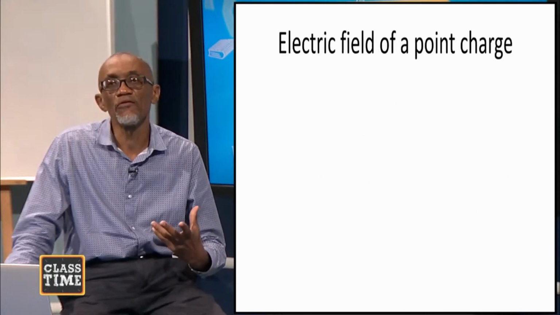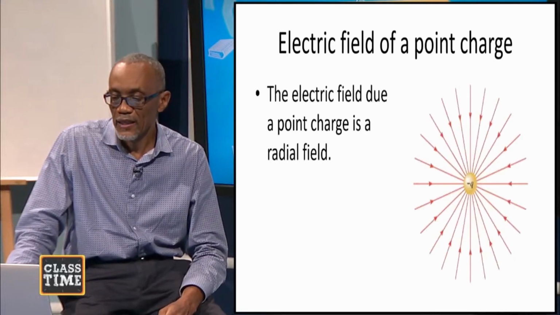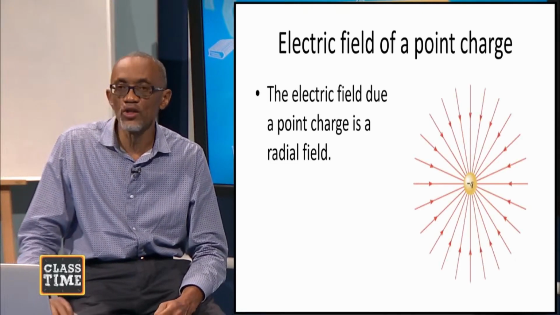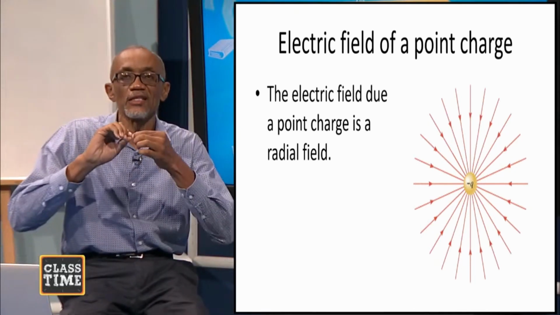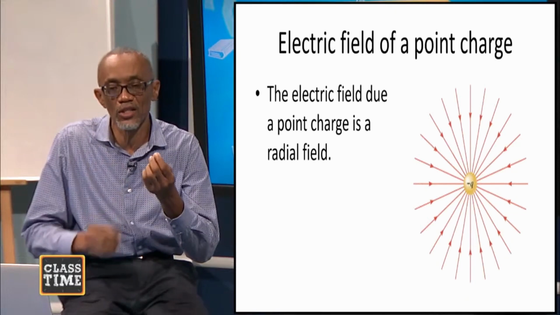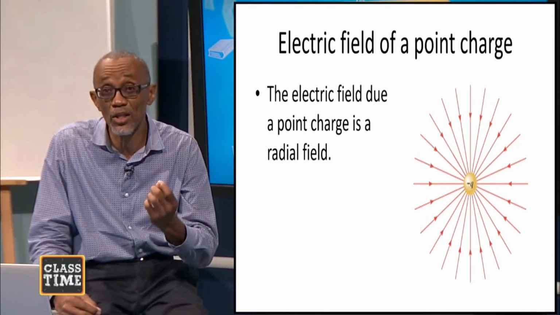So, the electric field of a point charge. The electric field due to a point charge is a radial field. It means it starts at the center, and a point charge is just a charge that, for all intents and purposes, has no dimension.